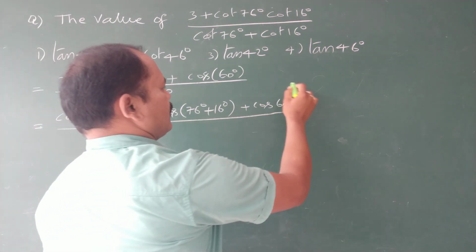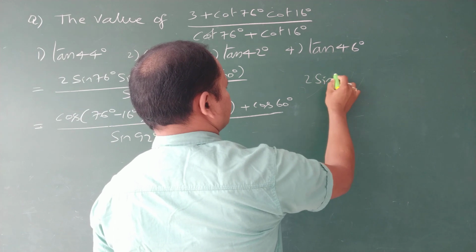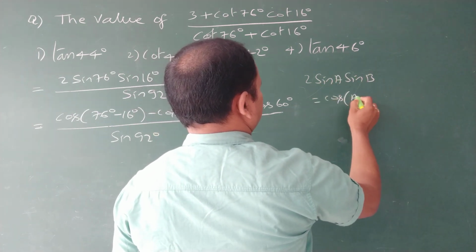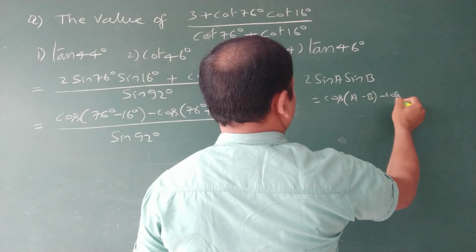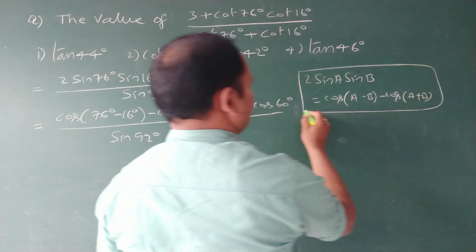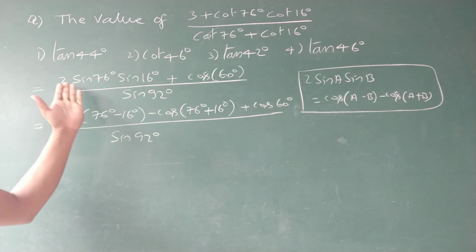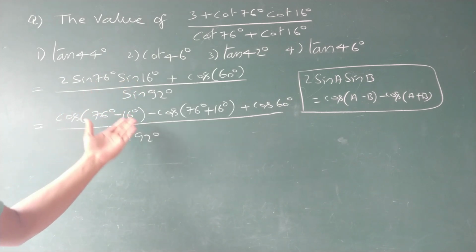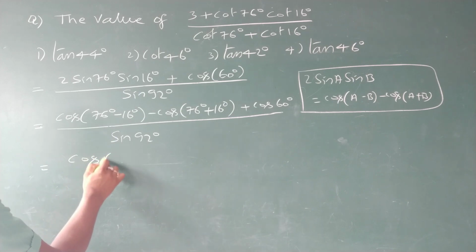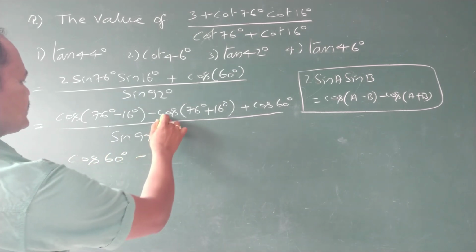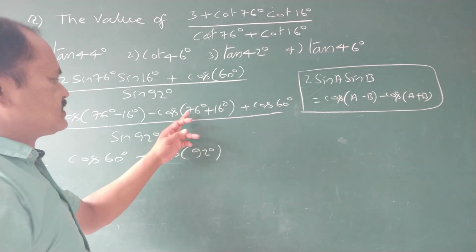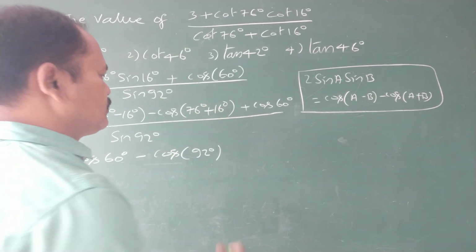Since the formula 2 sin A sin B is equal to cos of A minus B minus cos of A plus B, according to this form, 2 sin 76 sin 16 is nothing but cos 76 minus 16, which is cos 60, minus cos 92, since 76 plus 16 is 92.